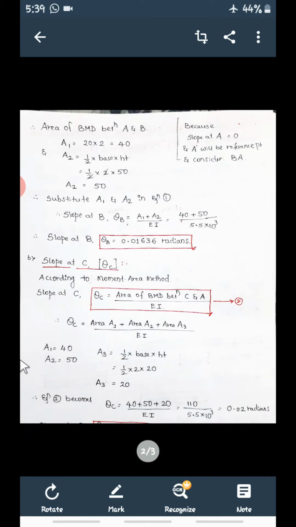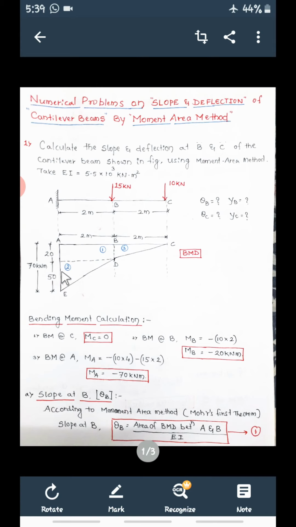Again, the centroid is from C. This is area 2 now, so from C only you have to measure. From here to here is 2 meter, plus the centroid of this. Now see, this is a triangle. Up to here it is 2 meter, and then from this end it is 2/3 of the base.